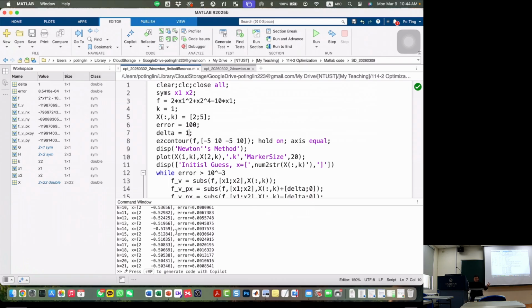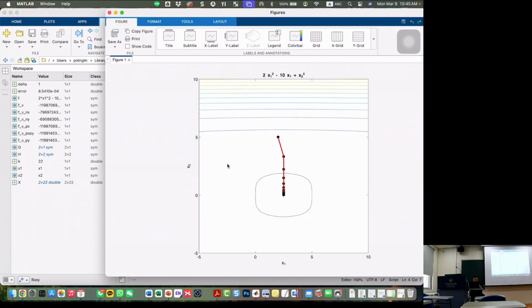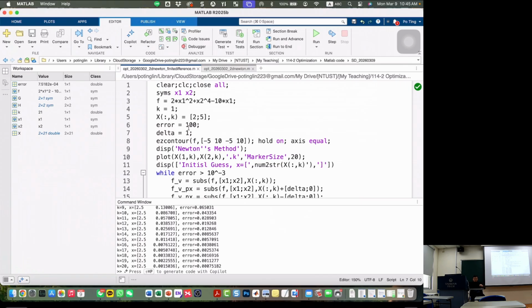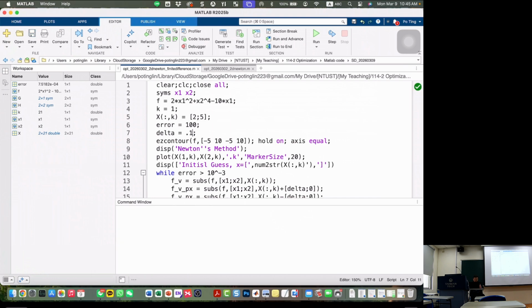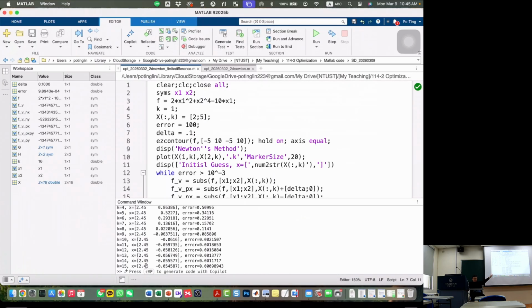The solution is wrong. The true solution should be 2.5 and 0, right? But now with a pretty poor delta of 0.1, you can see that it's 2.45 and negative 0.05.